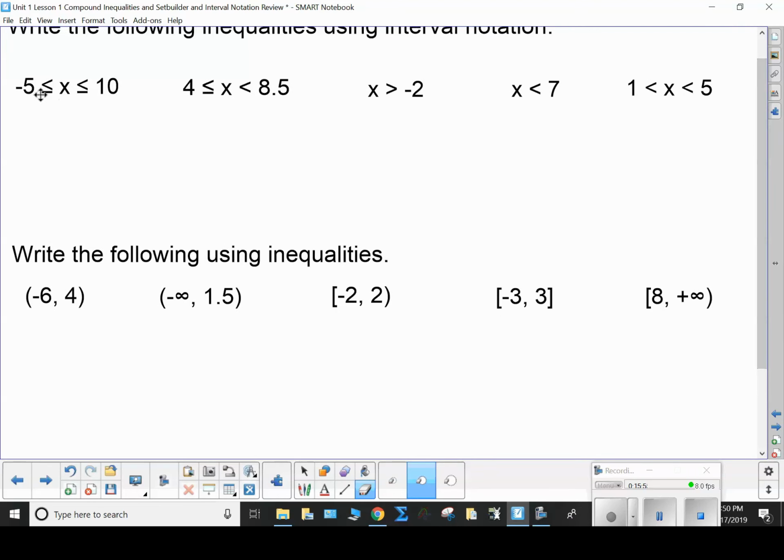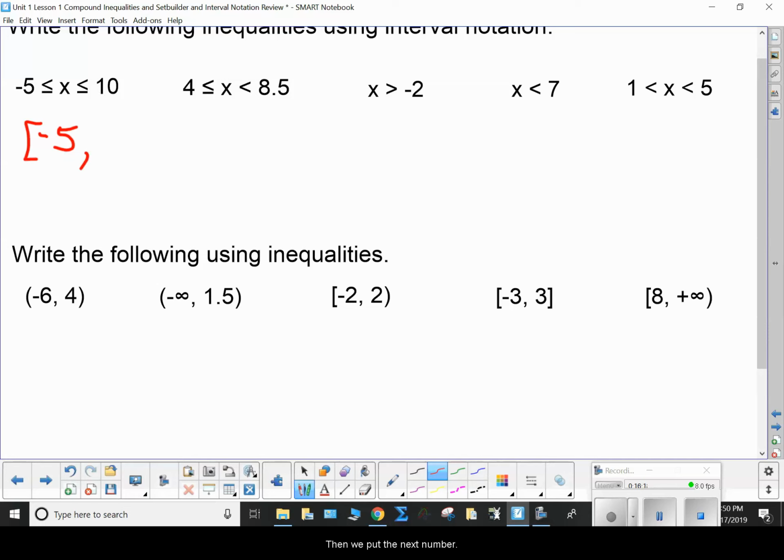First off, when you're going from an inequality to interval notation, look at the inequality symbols. We first write down a bracket, and then the number. Instead of putting the inequality symbol and the variable, we put a comma.